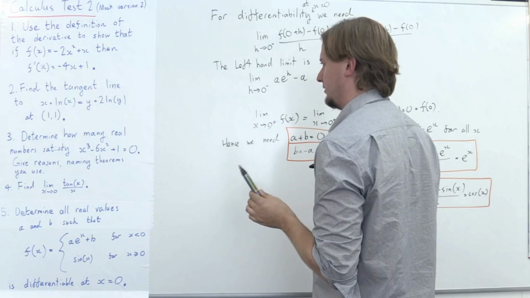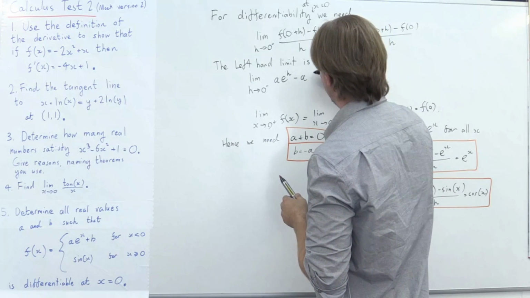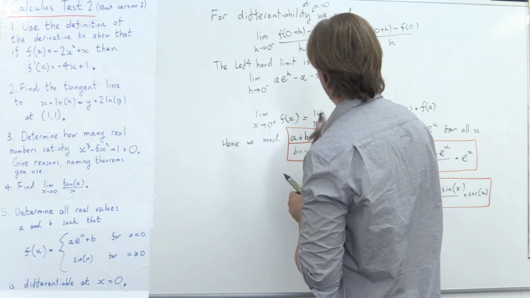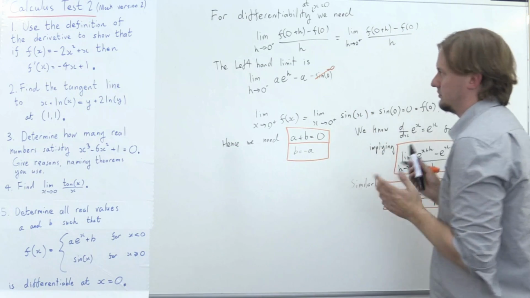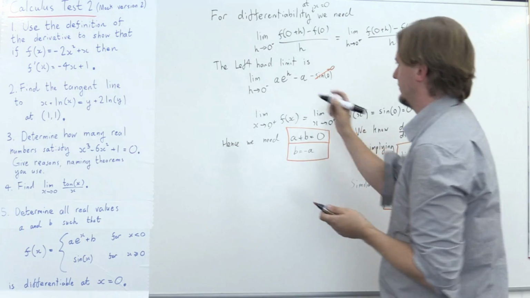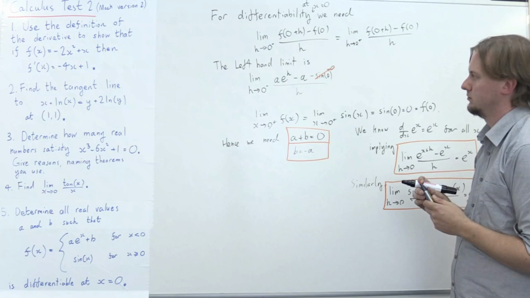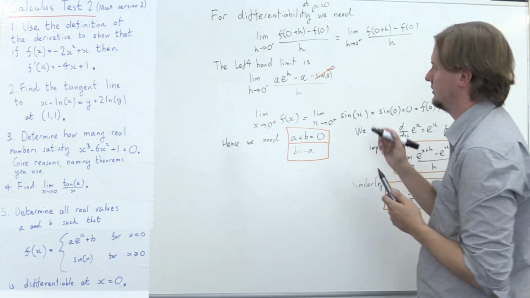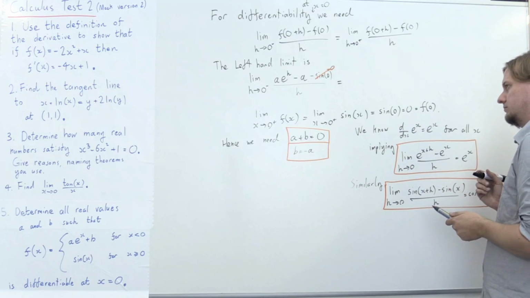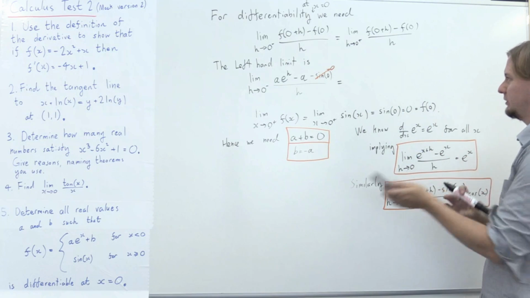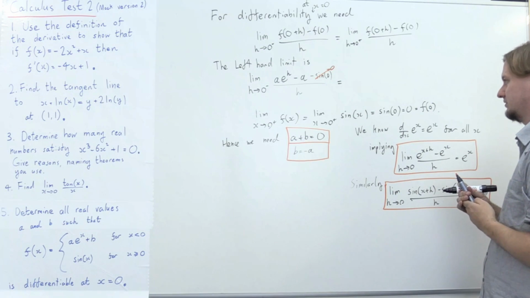Now, this is why people sometimes like you to do the limit form: f of 0, as I said before, is the sine of 0, which is equal to 0. So I need the left-hand limit is this. The only way I can really evaluate this limit is to recognize that this is actually the definition for the derivative of e to the x at x equals 0.